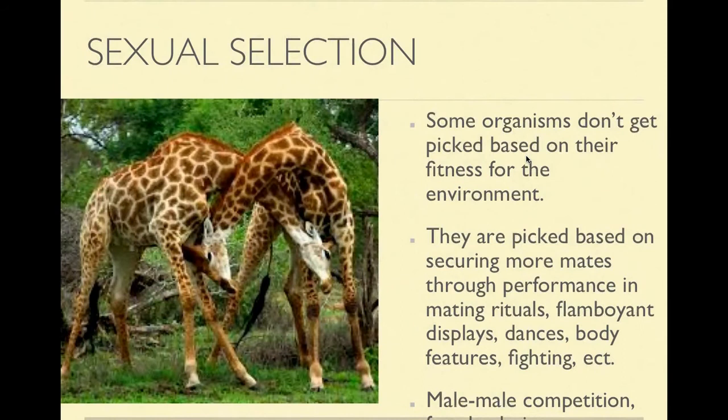Okay. An example of this: when you look at giraffes, why do giraffes have long necks? Well, if you said that it's because they need to eat stuff high up in the trees, that's actually not true. There's plenty of food really low down. And there are studies that show they eat a lot of their food at a height that's lower than their head. So, what's this long neck for?